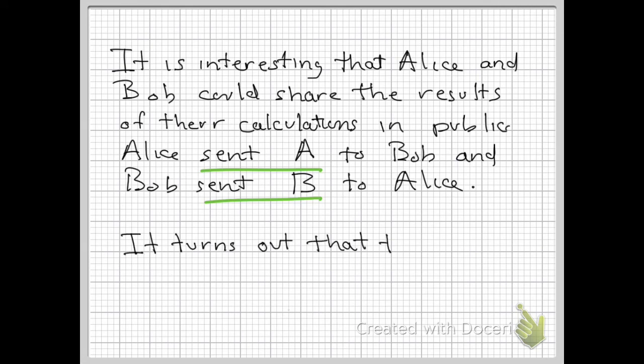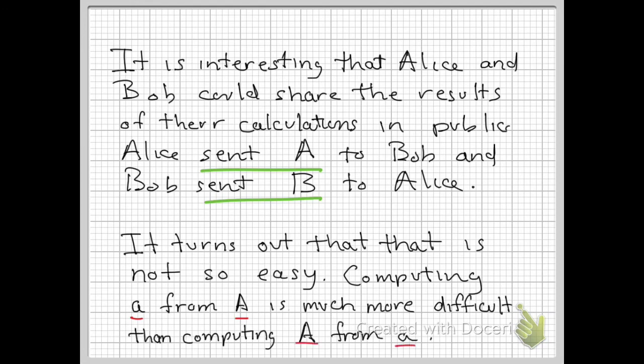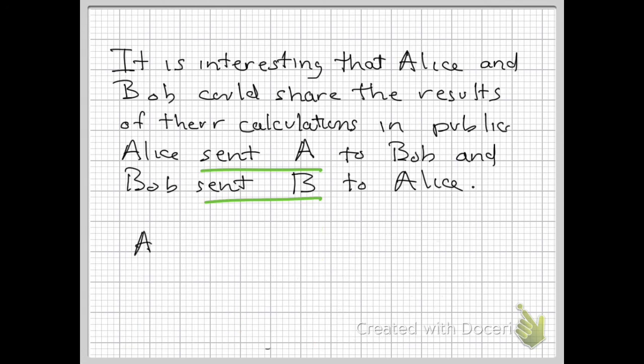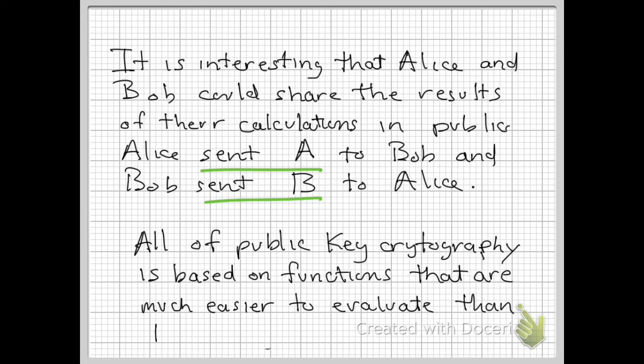And it turns out that this is not so easy. That computing little a from capital A is much more difficult than computing capital A from little a. And all of public key cryptography is based on functions of this sort that are much easier to evaluate in one direction than they are in the other.